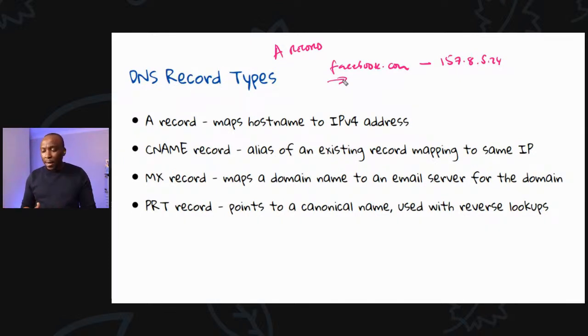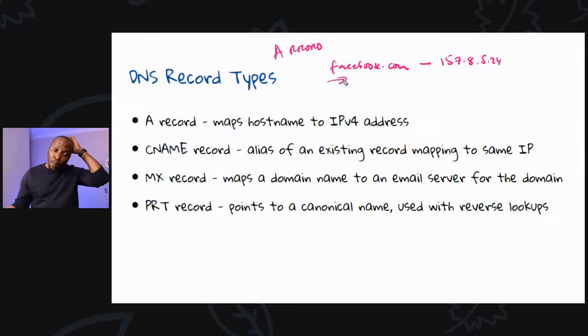The second one is what is known as a CNAME record, or canonical. The CNAME record is basically an alias for an existing record mapping to the same IP. So sometimes you might want to have two different names pointing to the same destination, right? So let's take this example, facebook.com.